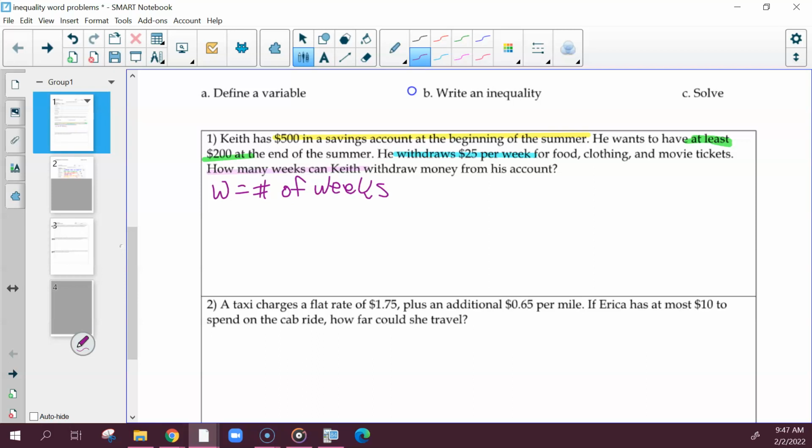And we need to set up this inequality. First, what is our inequality word that we recognize? At least, and which inequality would that be? Greater than or equal to. So we know that much.